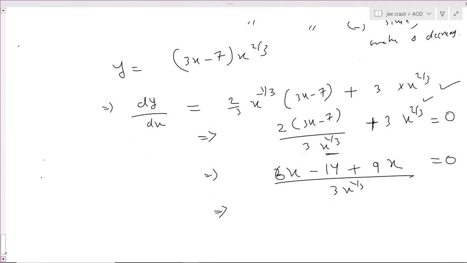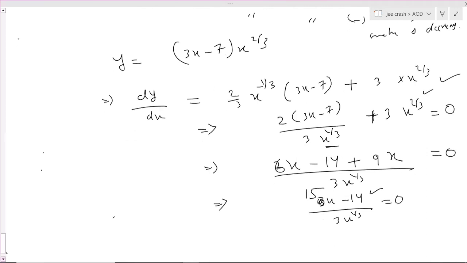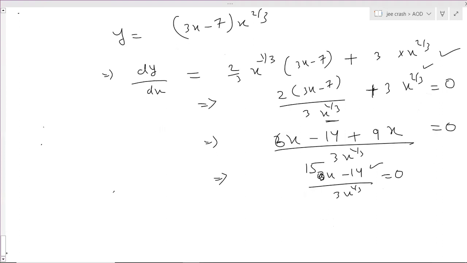So this is 3x minus 14 upon 3x to the power 1 by 3. Sorry, this is 15, right? I subtracted by mistake. This is 9 plus 6, 15x minus 14 equals to 0. So from here, critical points are 14 upon 15 and 0.